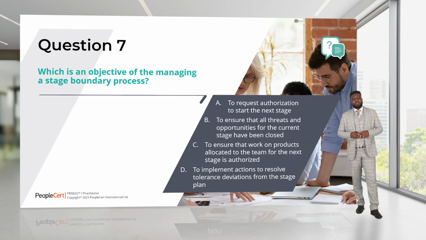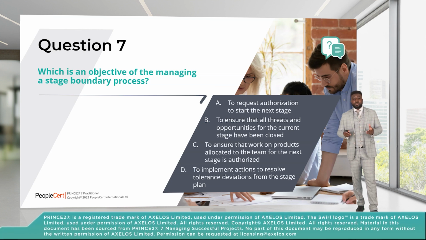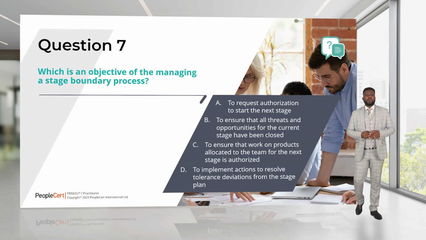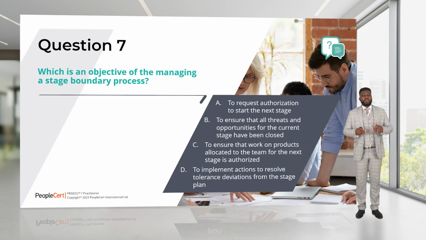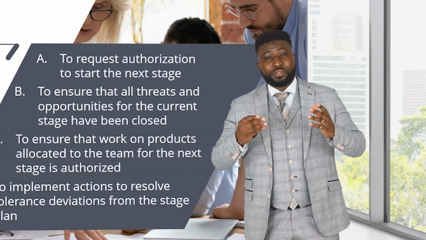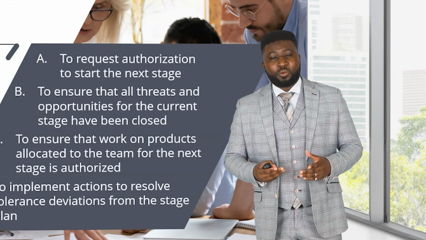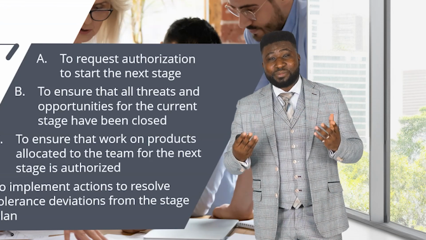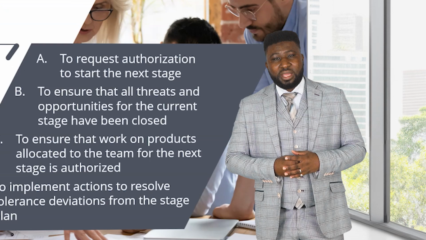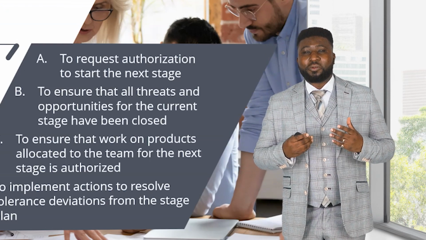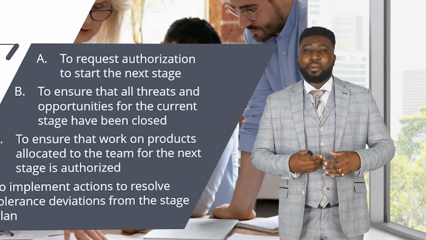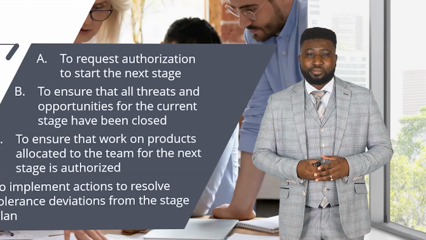D says to implement actions to resolve tolerance deviation from the stage plan. Let's say there's a breach in tolerance, one of our costs has gone outside of our stage tolerance. The project manager will write the exception report. The exception report will inform the project board that there has been a breach in tolerance, and will also provide the board with a few options about how to rectify this breach.